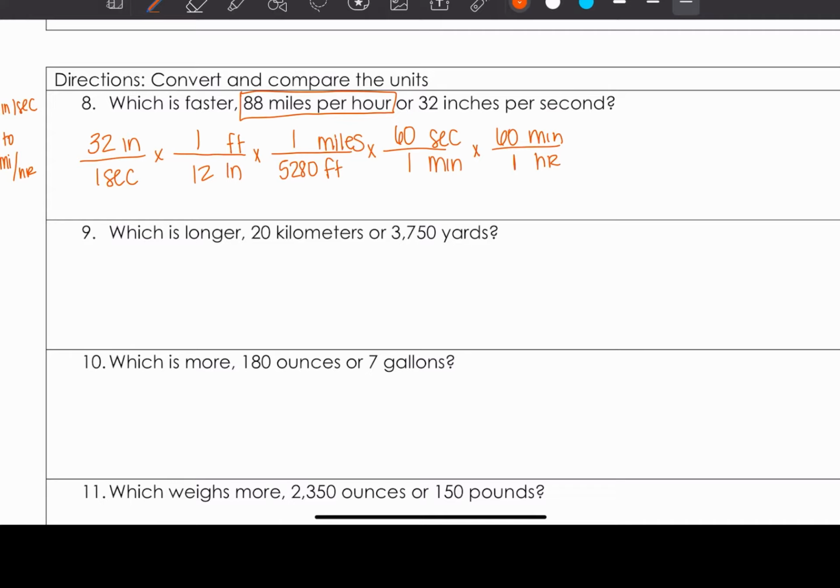I multiply that out in miles per hour, which is the same thing as 32 inches per second. So if we're comparing the two, 88 miles per hour is faster.